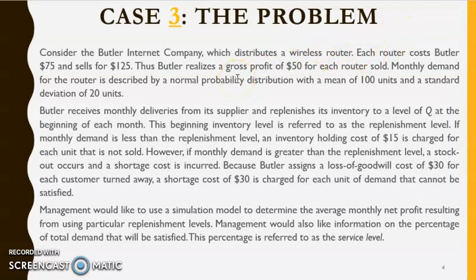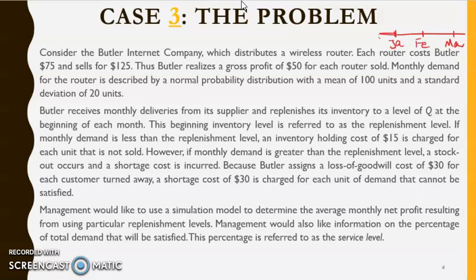Okay, it means that the batches that come to Butler Company are delivered on a monthly basis. Okay, for example, here it is January, here it is February, and here it is March.